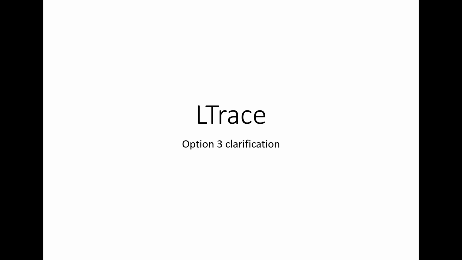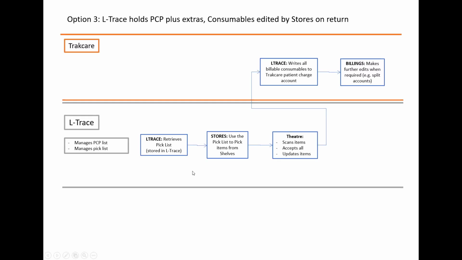So this is with the document that you sent through to me. So you've got LTrace, which manages the PCP list and manages the pick list. So what I need to say is, if you're saying that LTrace holds the PCP, we're saying that it's only within LTrace. That's the master, and it's got both the PCP list and the pick list.